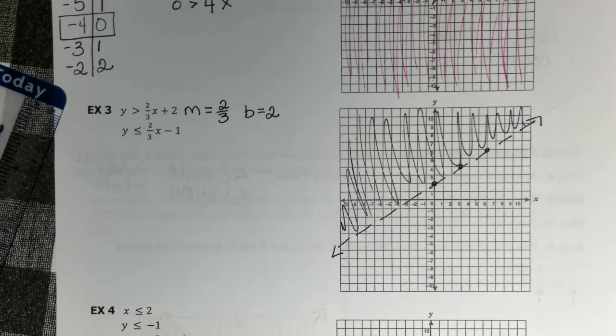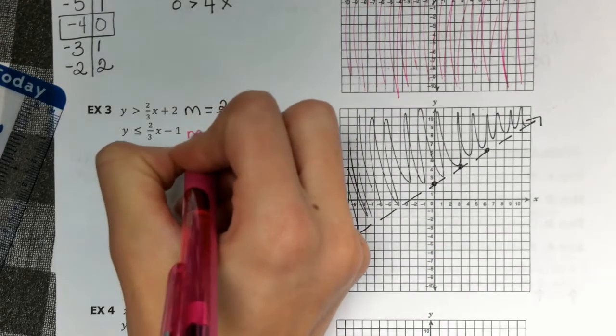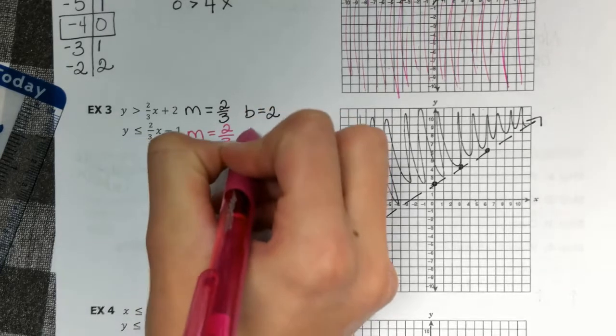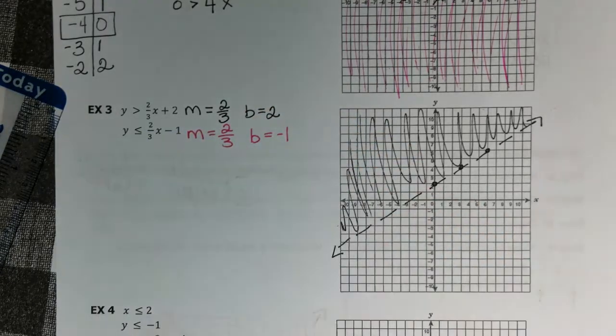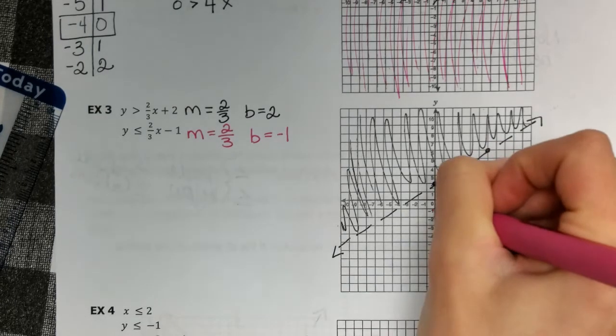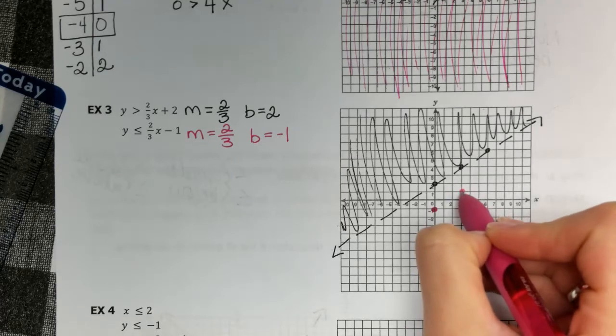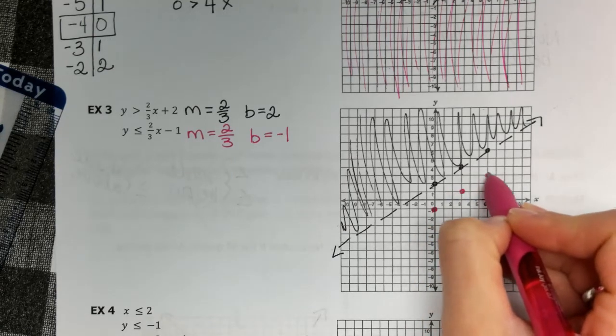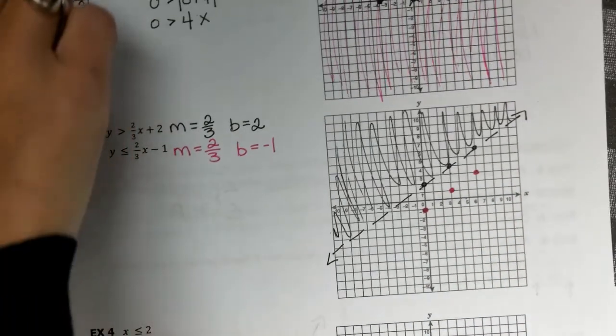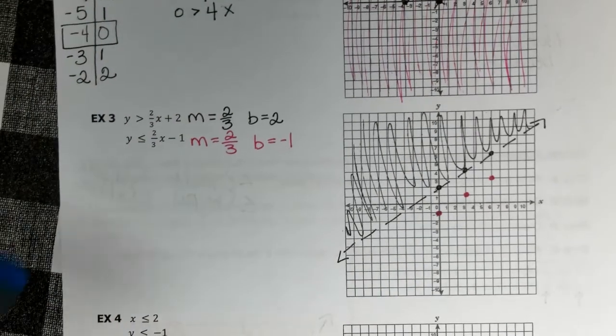And then y is less than or equal to 2/3 x minus 1. My slope is 2/3. My y-intercept is -1. Now this one is going to be solid because it's equal to.